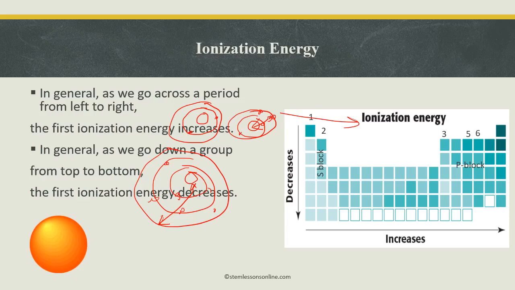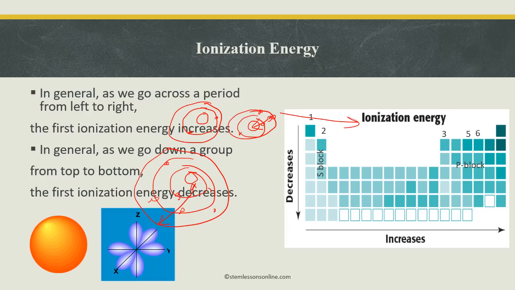So S block means the shape of the orbital is spherically symmetrical. Whereas when you go to the P or 13th or third group here, P starts. This is P block, so it will be P1 here.